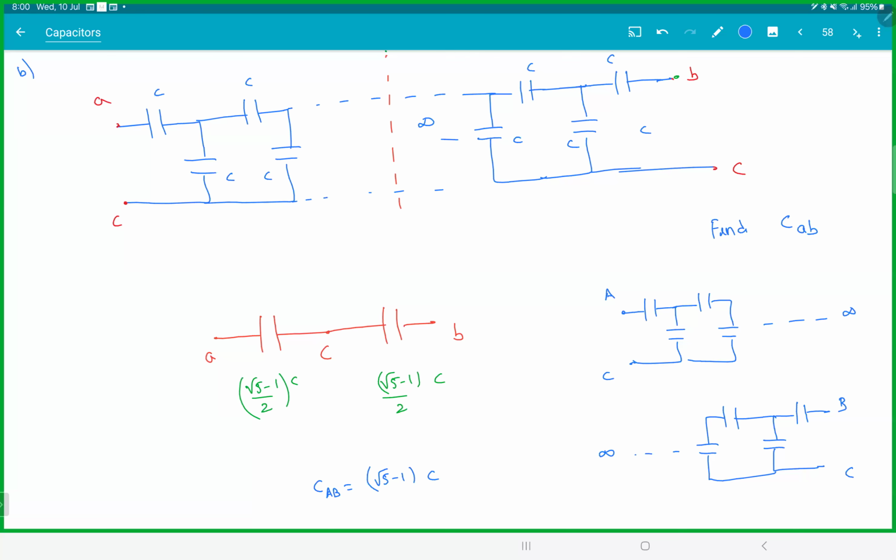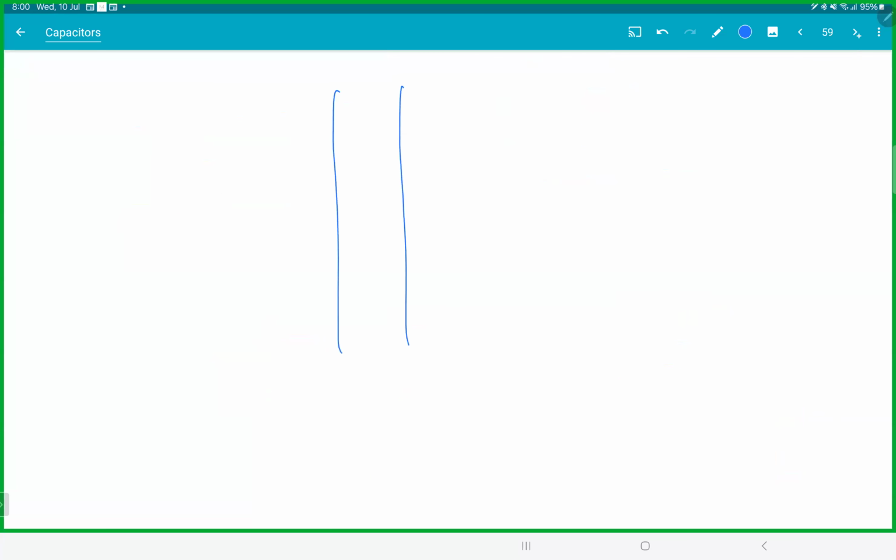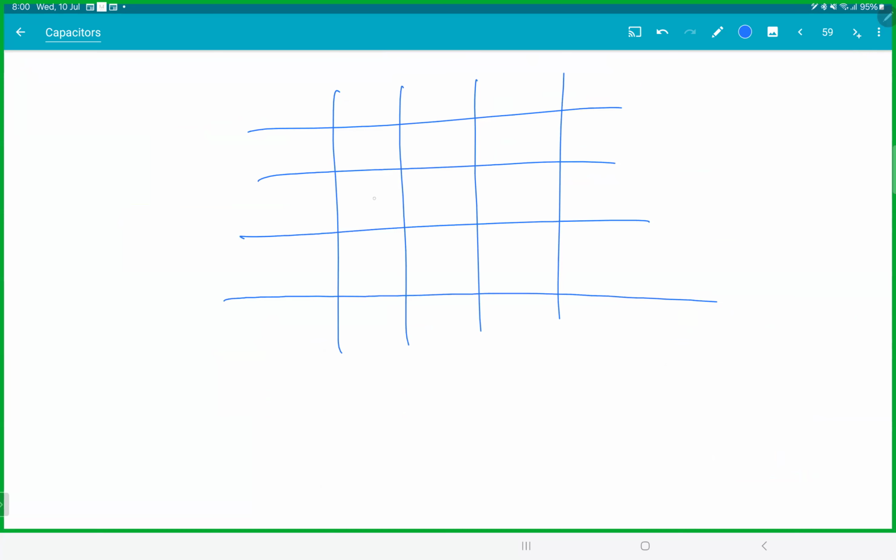Making sense? You can play like this also. There are more variations of this. So next class will be quite important. We'll be doing different other kinds of symmetries. Axial symmetry, bisector symmetry, and then we have infinite grids. There's still more types of grids. Meaning there'll be infinite capacitors like this. Each wire is a capacitor.